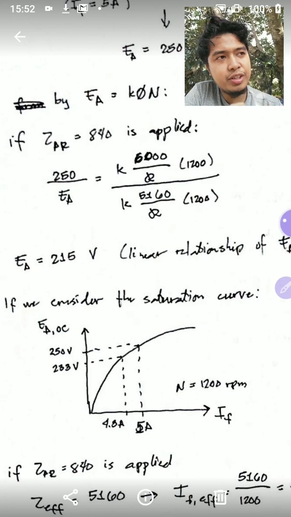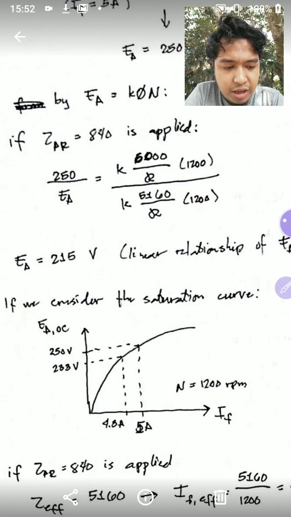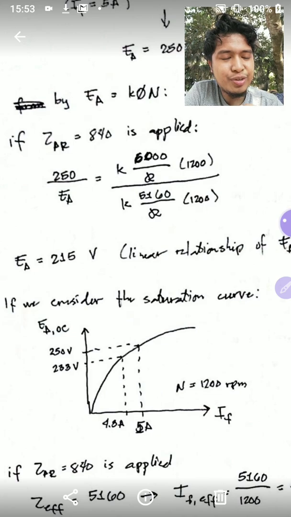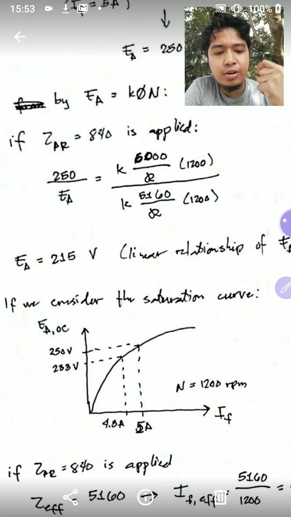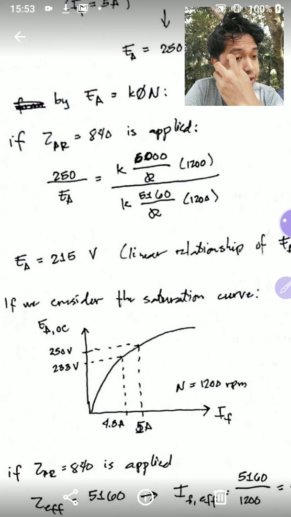The saturation curve describes the saturation of the core. What does it mean? It just tells you that your core tends to fill up with flux, such that it comes to a point where it can no longer accommodate any more flux.